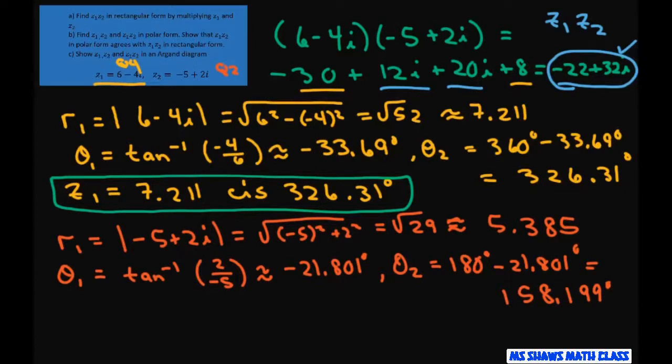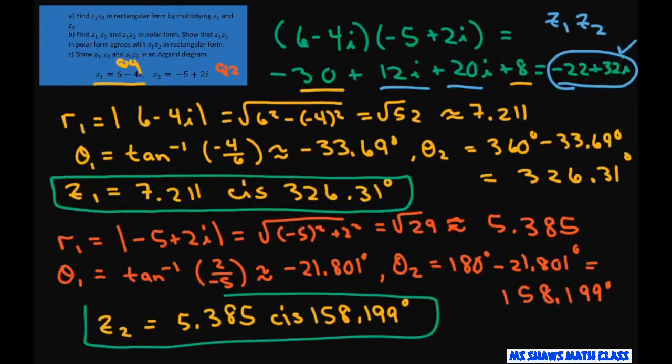So your Z2 equals 5.385 cis 158.199 degrees. So these are the two we want, and I'll write them over here.